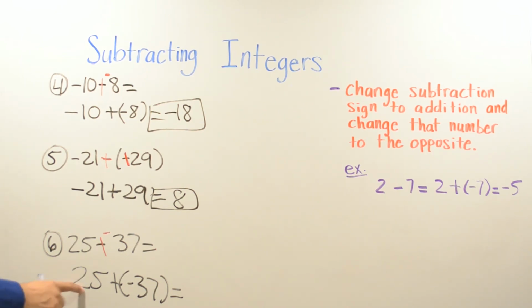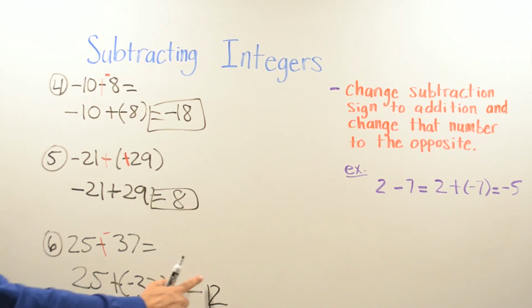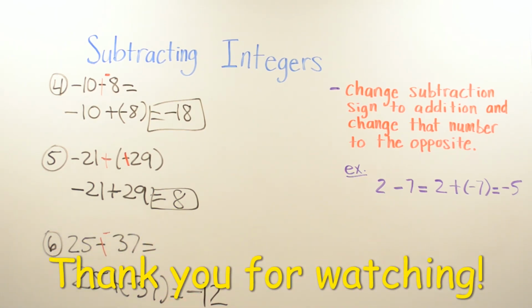We have positive, negative. What number is bigger? Once again, we have 25 and 37. Our biggest number is 37. So the sign in front of the 37 is negative. So we put negative as our answer. And then we just subtract 25 from 37, which is going to be 12. So our answer for 6 is going to be negative 12.